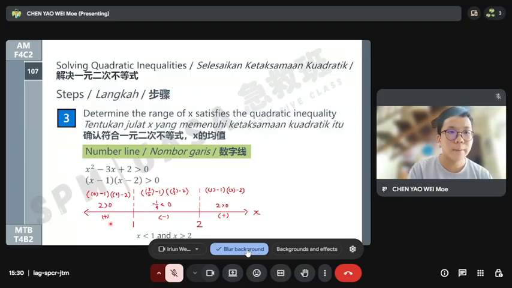First thing, if x is less than 1, I can make the 0 as my test point for this part. So 0 minus 1, 0 minus 2, I can get 2 that is larger than 0.